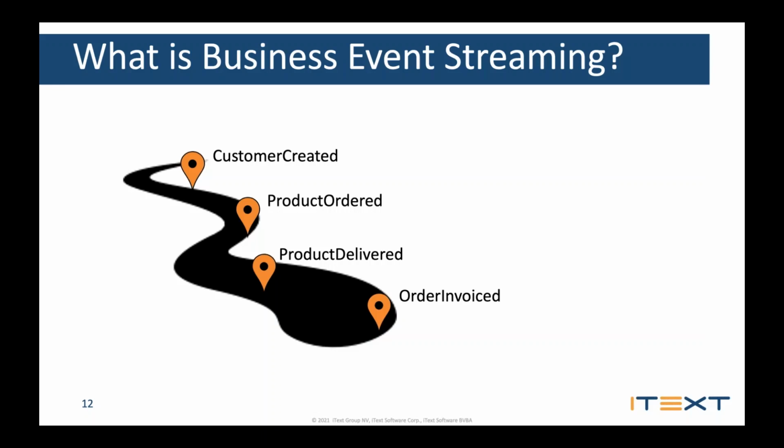Let's name it product ordered, product delivered, order invoiced, whatever. The business understands it. There's no question about it. It's also a point in time, and you really know the timestamp when a business event happened.